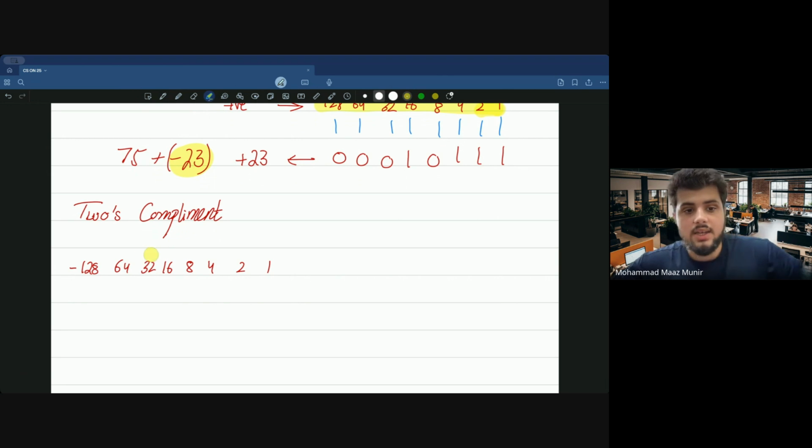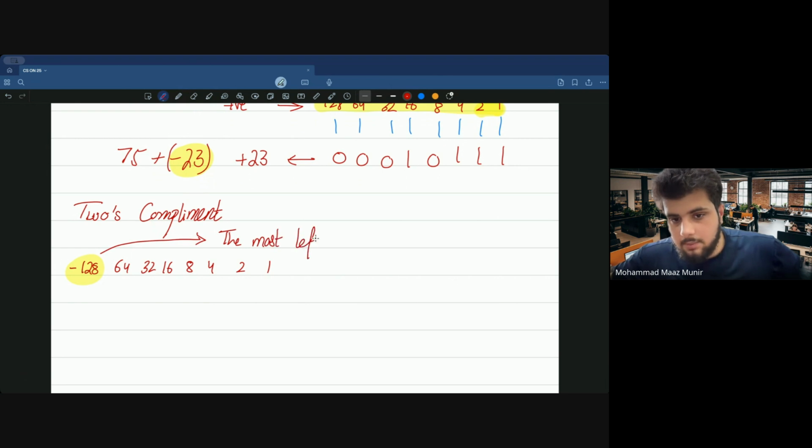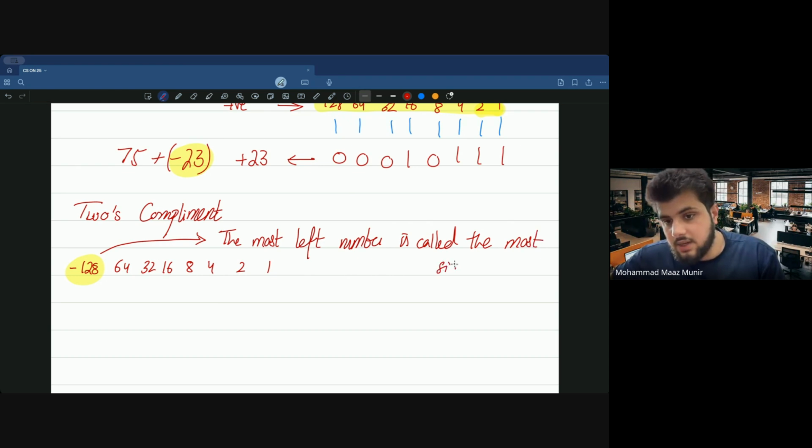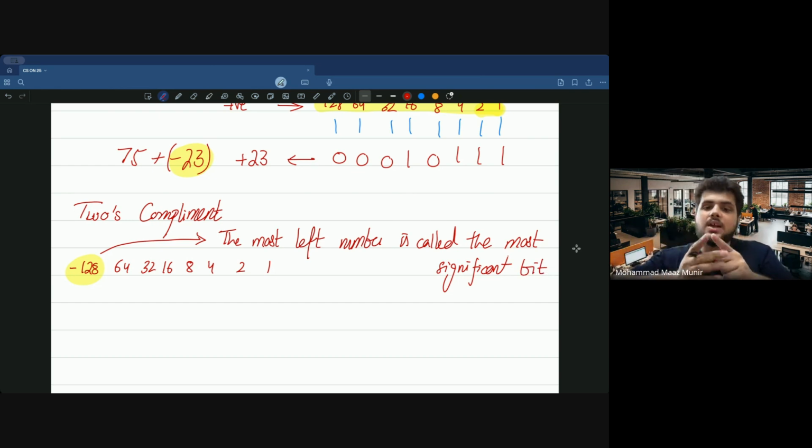Now, there is another thing which I missed recently, which I was just overlooking some questions and it came to my mind: the most left number is basically known as the most significant bit. So whatever binary number you have, the number at the most left-hand side will be the most significant bit.